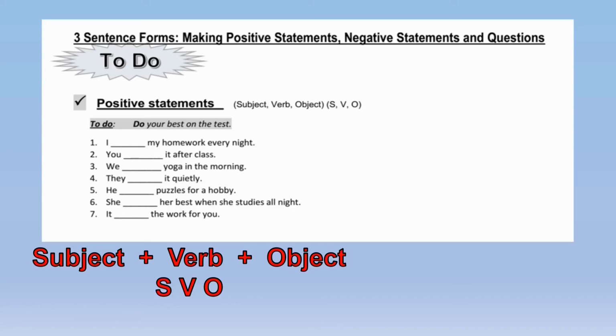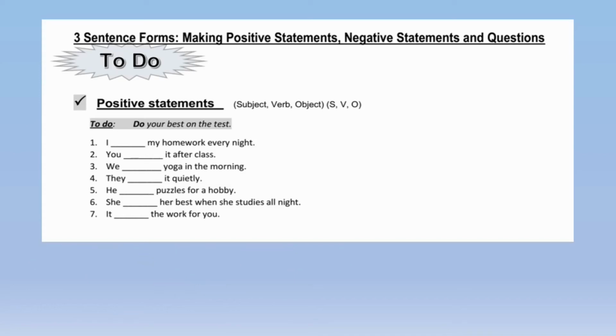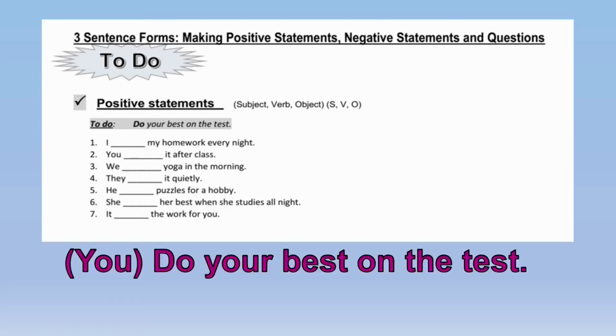Here's an example. Do your best on the test. Even though the sentence starts with the verb do, it is implied you. You is the subject, do is the verb, and your best on the test is the object. SVO.